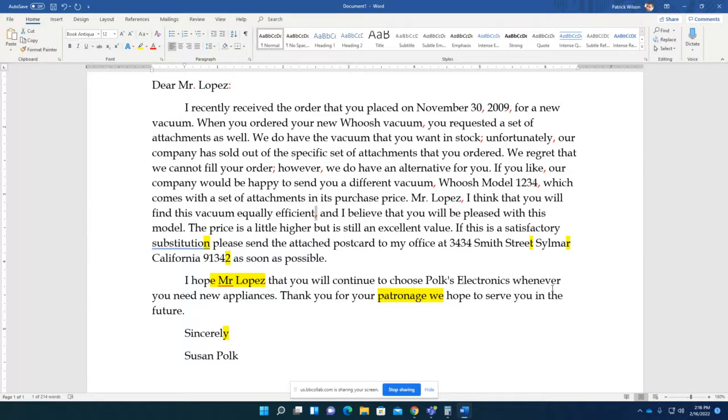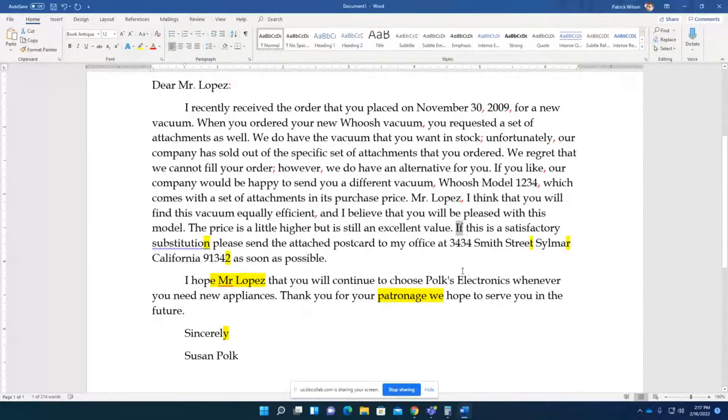The next sentence says the price is a little higher, but is still an excellent value. If there is a satisfactory substitution, please send the attached postcard to my office at 3434 Smith Street, Samora, California, 91342 as soon as possible. So as you can tell, there's a couple things going on. Here again, we have an if clause, just like we had earlier.